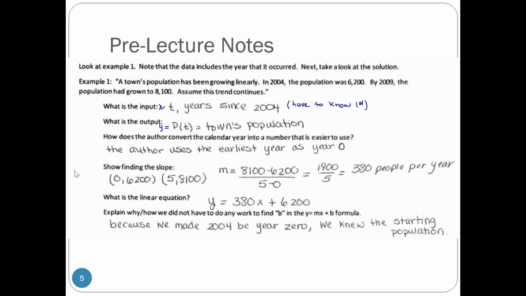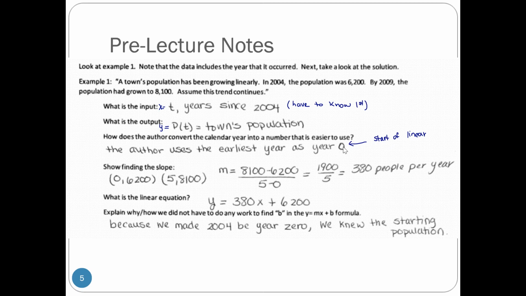So in this scenario, the author converted the first year as year 0, and we did that because we would say this is the start of the trend. So we were told that it's a linear trend from 2004 to 2009, and we would start the trend at 2004.